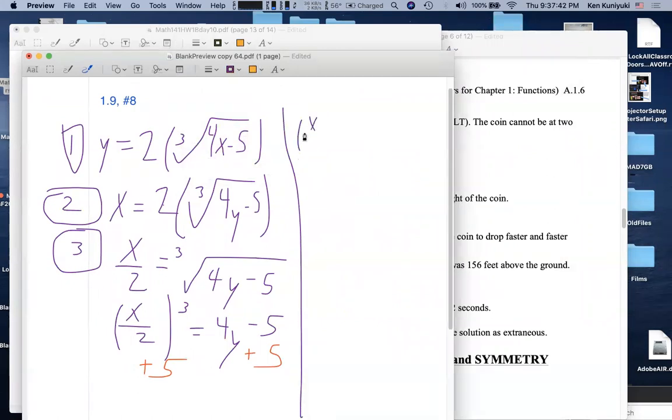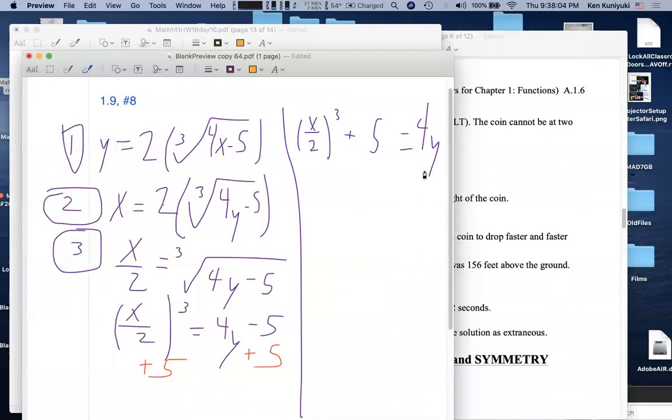Okay. So x over 2 all cubed plus 5 equals 4y.